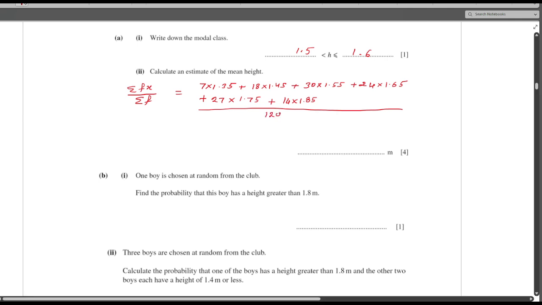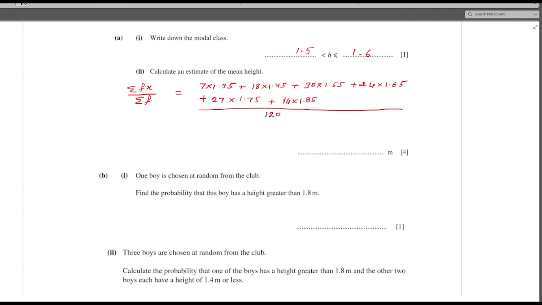This is how you calculate the mean value. So 7 into 1.35 plus 18 into 1.45 plus 30 into 1.55 plus 24 into 1.65 plus 27 into 1.75 plus 14 into 1.85.